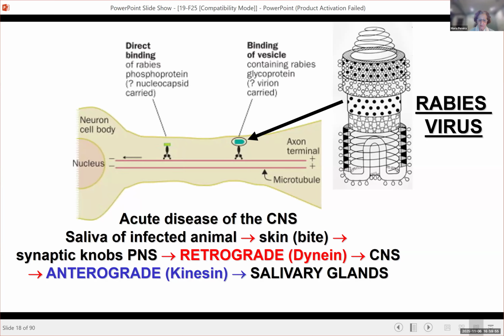So you see saliva of infected animals bites the skin, then at the synaptic knobs in the peripheral nervous system, the viral particles are transported to the cell body, which is in the CNS, and then they replicate, they assemble, and then they are transported down to the salivary glands, where they then can infect other individuals.